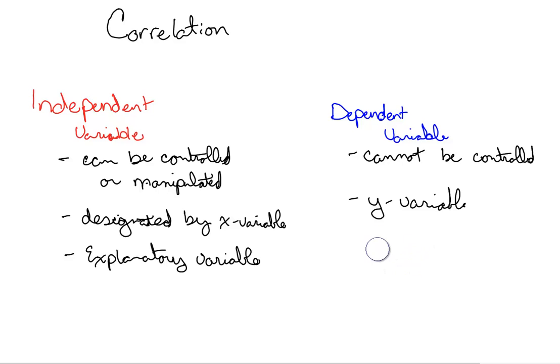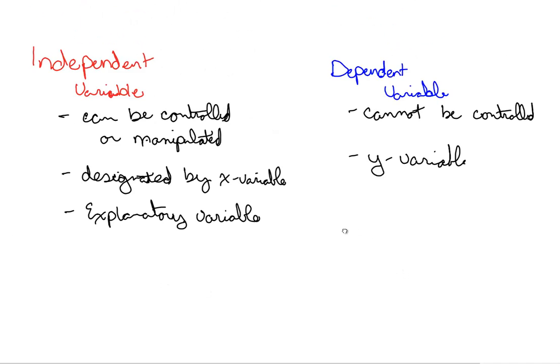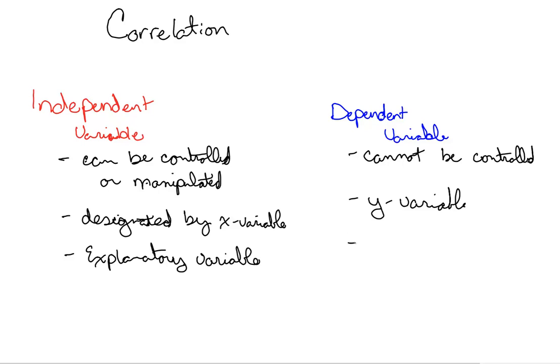Erase this and try to rewrite that. So your dependent variable is known as your response variable. It is the one that responds in a relationship due to the independent variable.